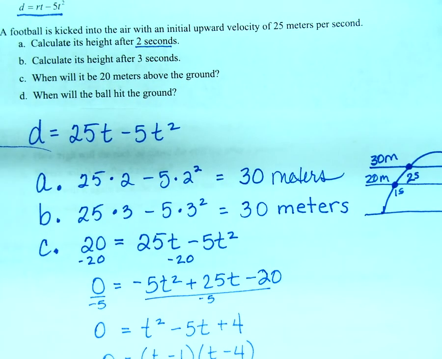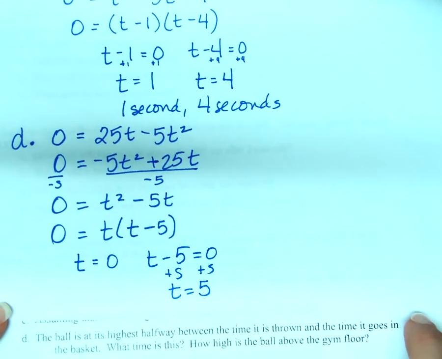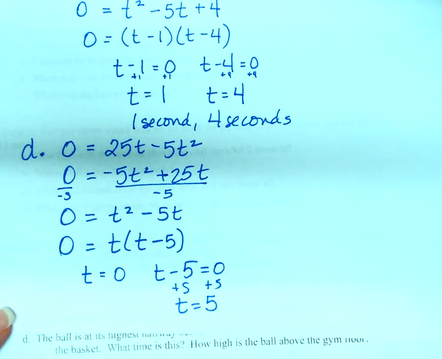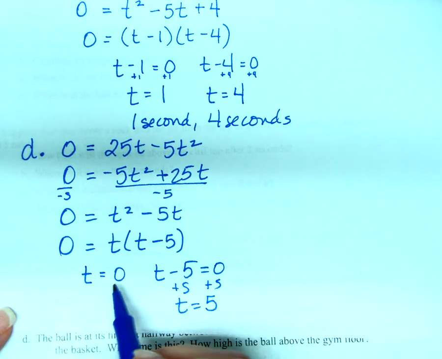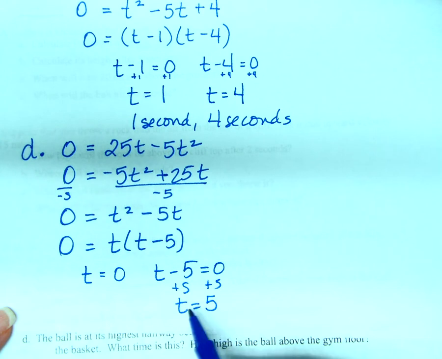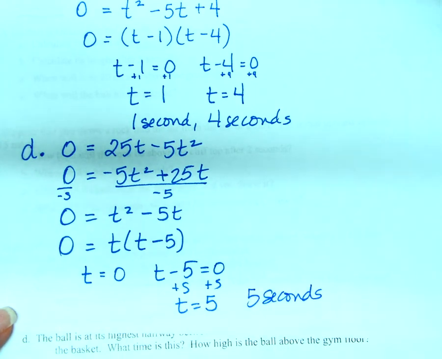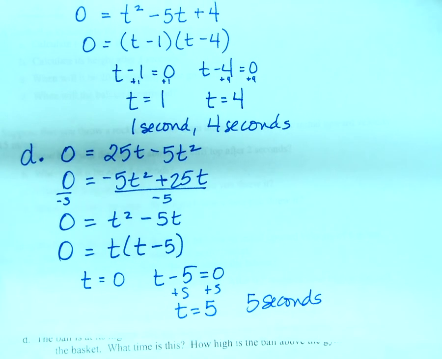When will the ball hit the ground? So you're going with only one answer? Very good. Okay. This is when we started. It's asking when it's going to hit the ground. The only answer is 5 seconds. Any questions about that? Okay.